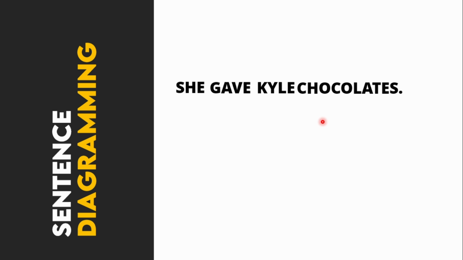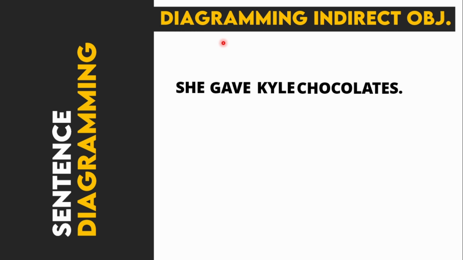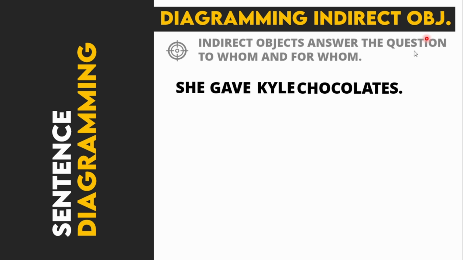But how about when we diagram subject plus transitive verb plus indirect object plus direct object? Once again, we'll be needing another diagramming method for that. So here is how you're going to diagram an indirect object. Indirect objects answer the question to whom and for whom. A while ago, I asked you what she ate.